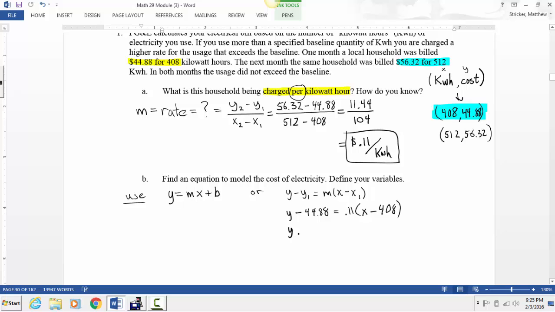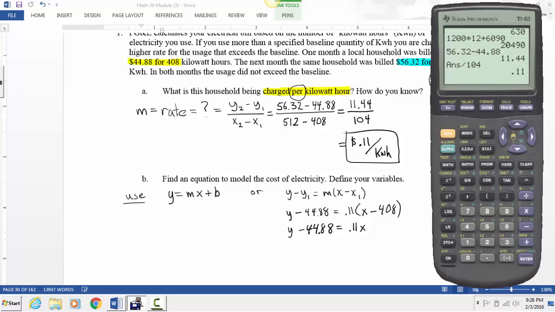Okay, let's go ahead and distribute that 11 cents. So when we do that, we have 0.11 times x, 0.11x, and then 0.11 times 408. That's 44.88.